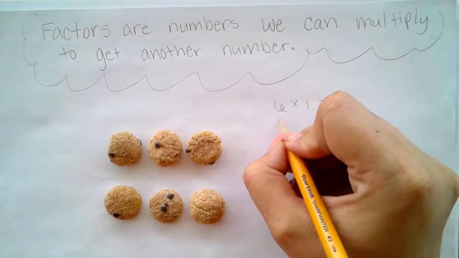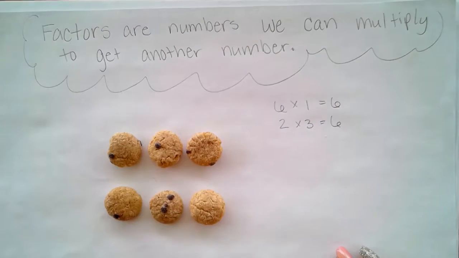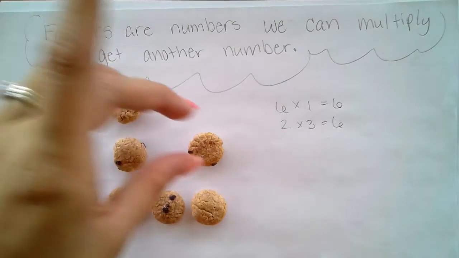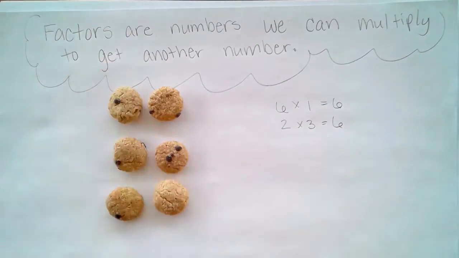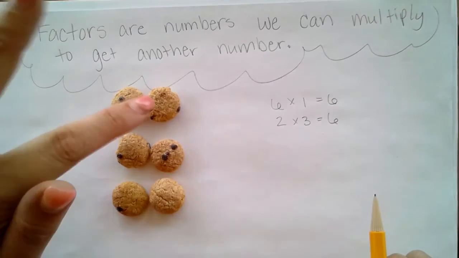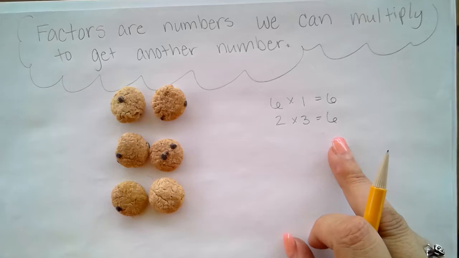I could also do 2 times 3, which equals 6. Is there any other way that I could do it? Well, 3 times 2, but that would really give me the same thing. So that would give me the same numbers, the 3 and the 2. So that means that 3 and 2 are factors of 6.